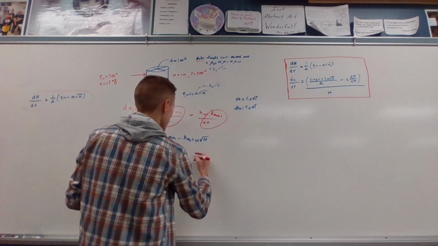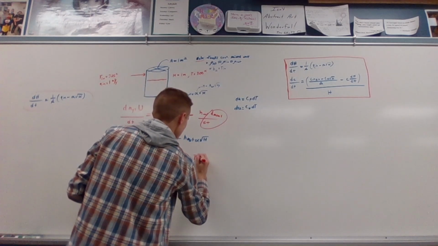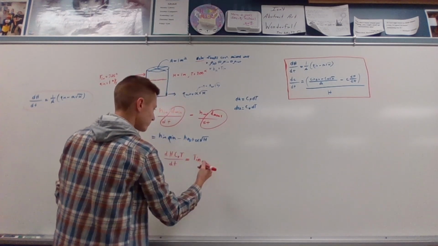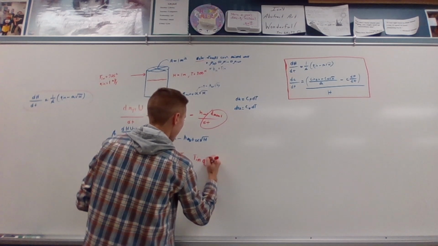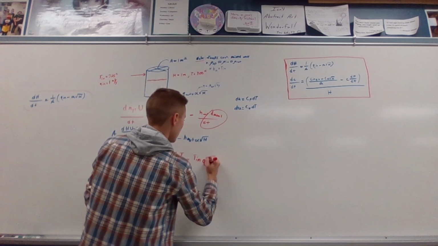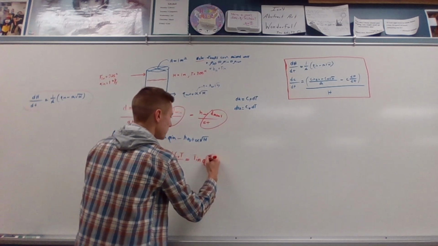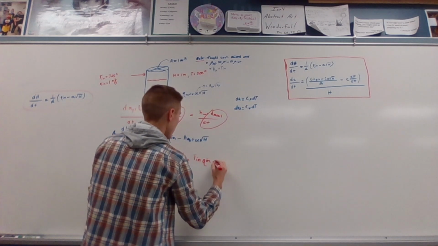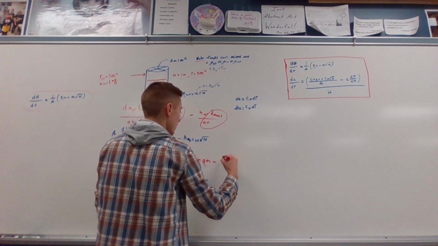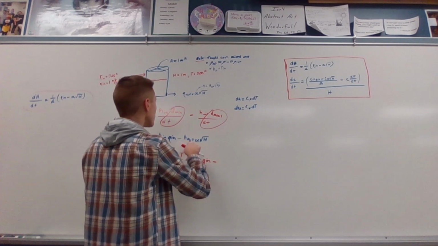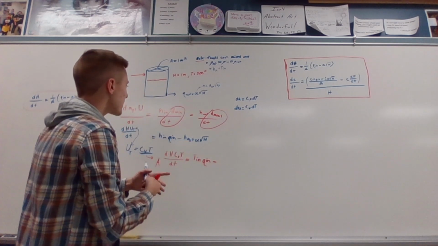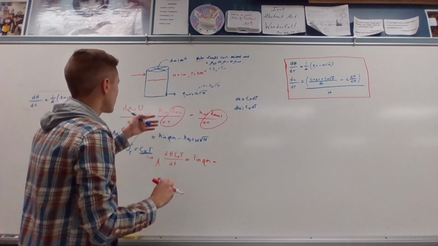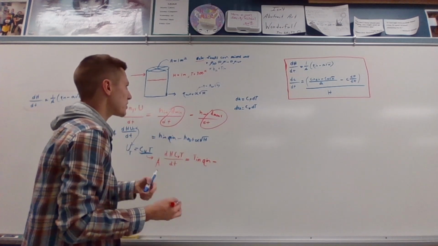So let's say that our temperature in times our flow rate in minus our H out. Well, we can say that our H out, or enthalpy out, is the same thing as our temperature out.